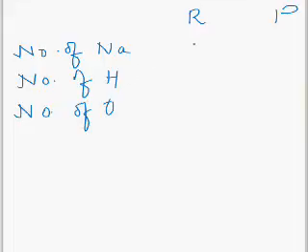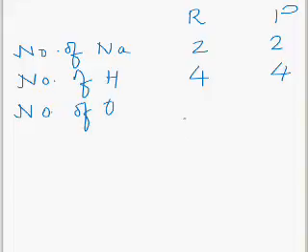So 2 sodium atoms on reactant side and 2 sodium atoms on product side. 4 hydrogen atoms on reactant side and 4 hydrogen atoms on the product side.